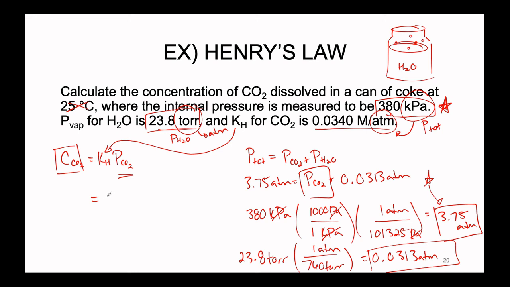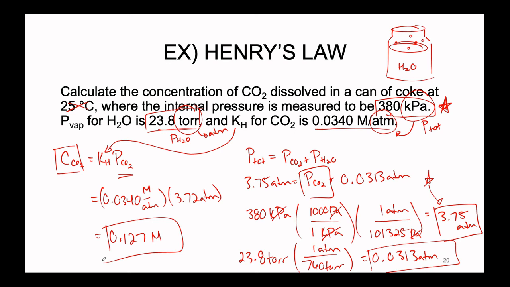The Henry's constant for CO2, 0.0340 molar per atmosphere. And the partial pressure for our carbon dioxide, again, is that 3.72 atmosphere. Our total concentration then for carbon dioxide inside of this delicious beverage is going to be equal to 0.127 molar.